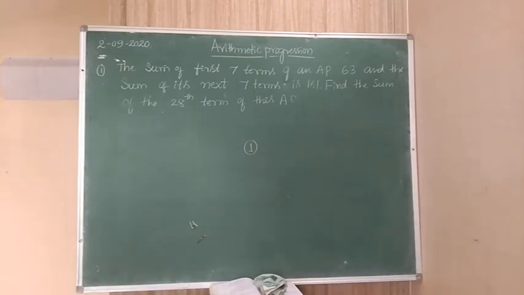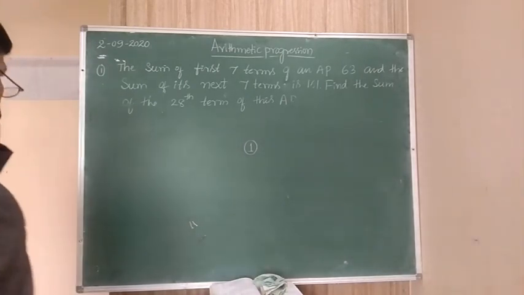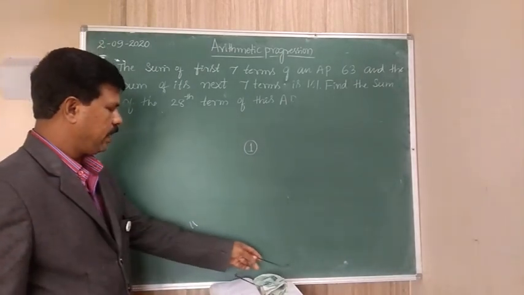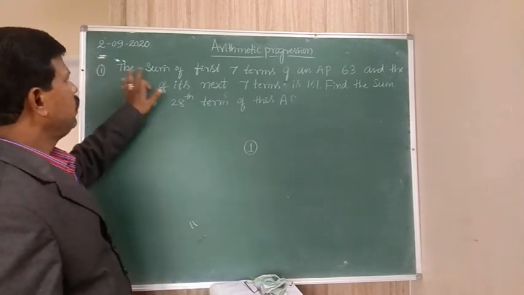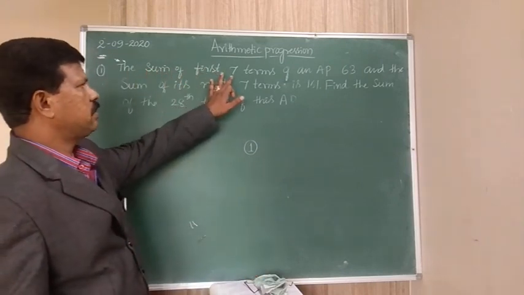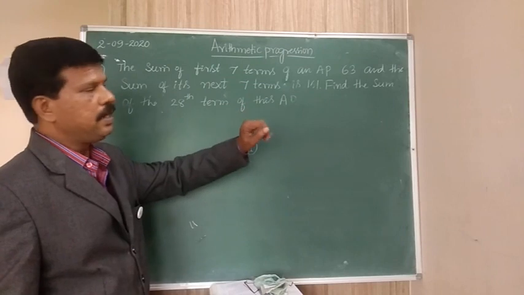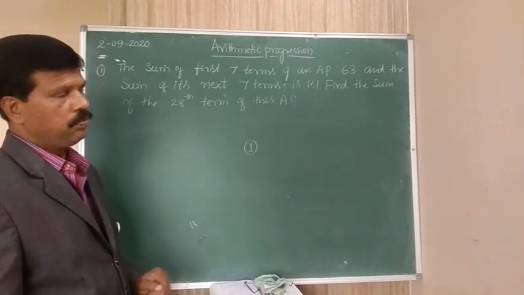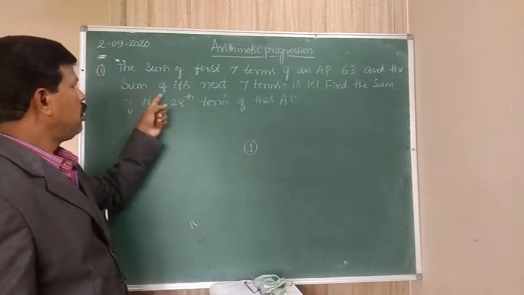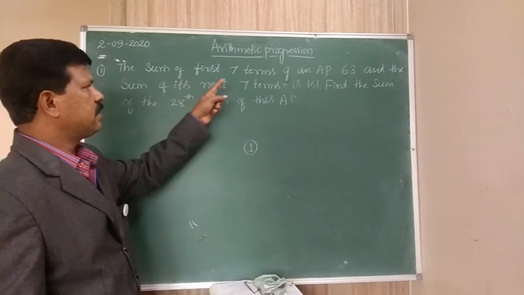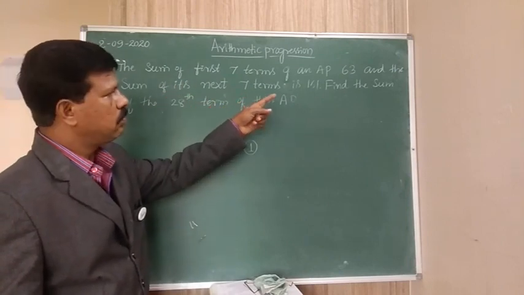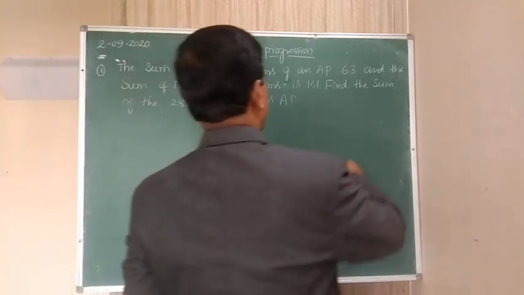Now, see this problem. The sum of first 7 terms of an AP is 63, and the sum of its next 7 terms is 161.